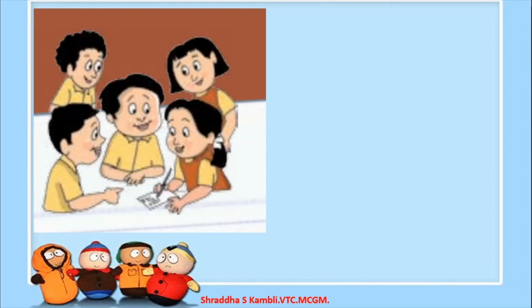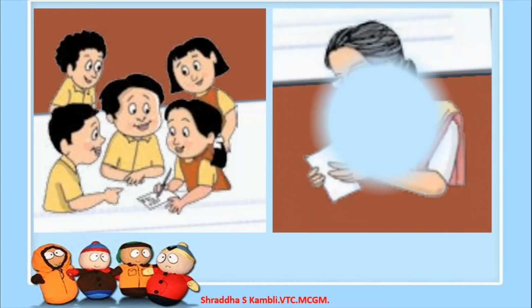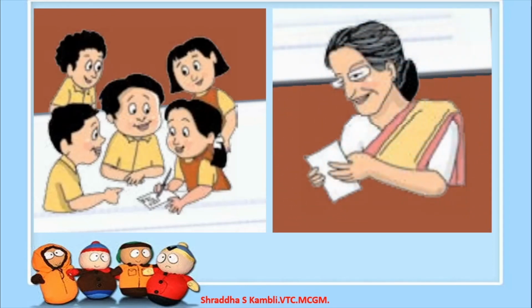See, so all the children are asking one girl to write. Maybe they're asking her to write because she's got a good handwriting. So all of them have put in their efforts, they've taken help from their teacher, and they have written this letter. Now Principal Madam has read the letter also.